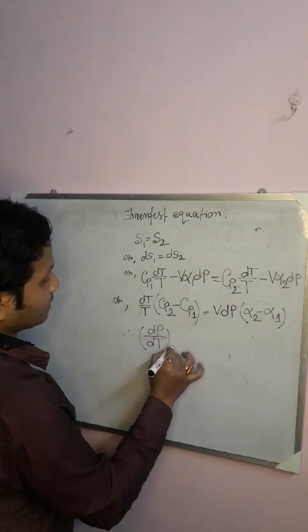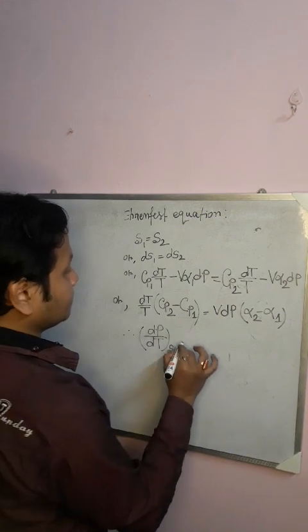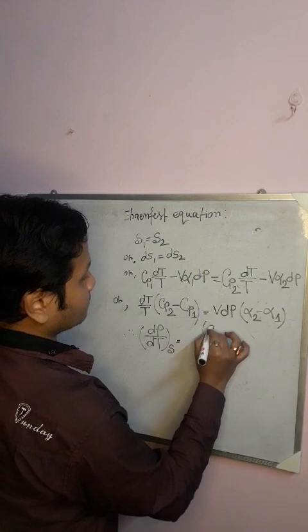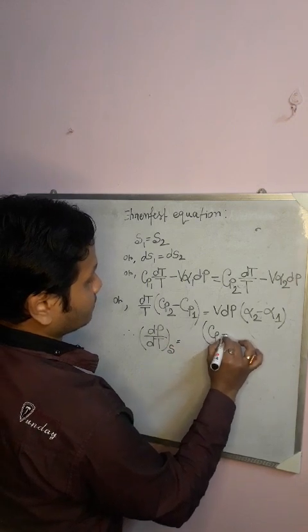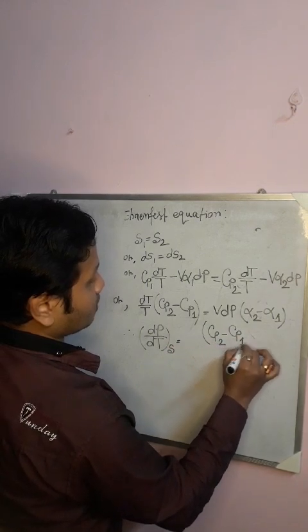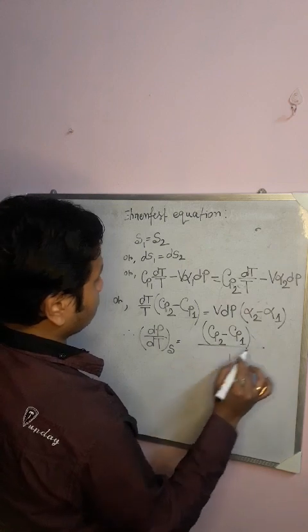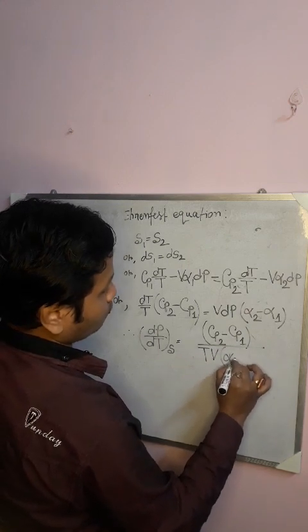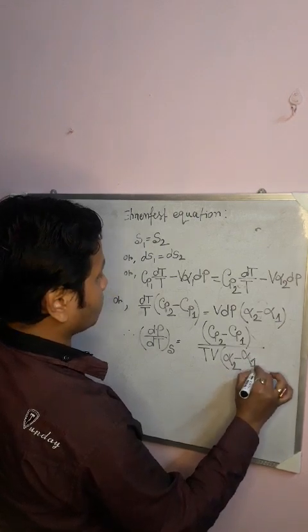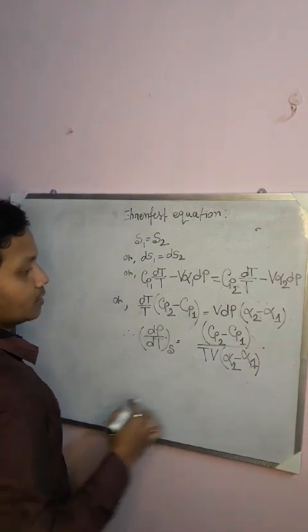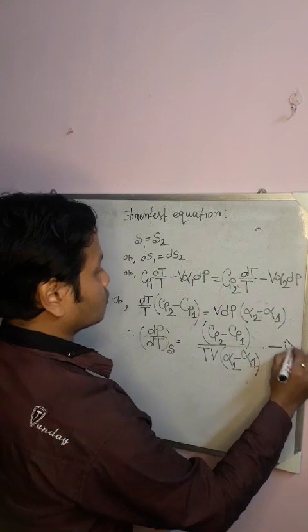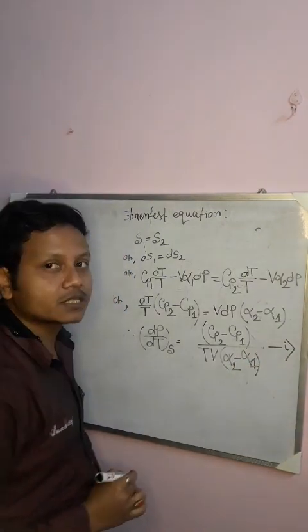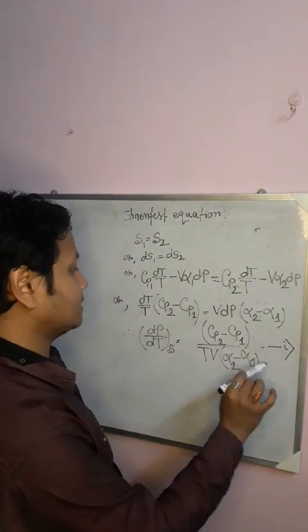My dP dT at constant S becomes (Cp2 minus Cp1) by T V (alpha 2 minus alpha 1). Okay, so this gives a name, equation 1. So by assuming the constancy of entropy we arrive at this equation.